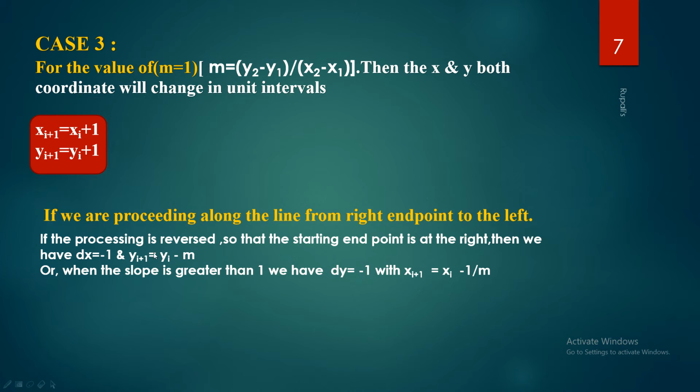So yi+1 = yi - m. Or when the slope is greater than 1, in the second case, you have to write dy = -1. So you can say xi+1 = xi - 1/m. This is the first case, this is the second case, for when the line starts from right to left.